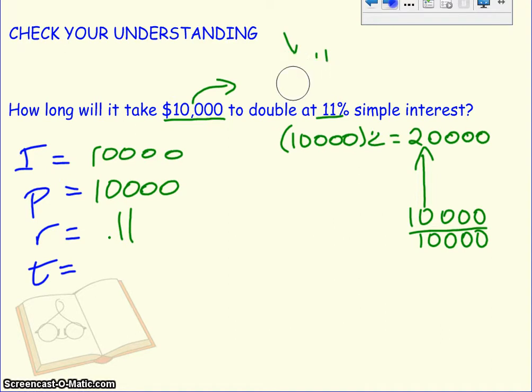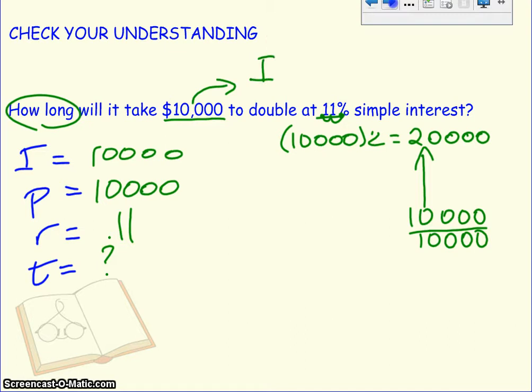But if you'll remember, converting a percent to a decimal, it's as simple as moving the decimal over 2 places from where it originally was. So because this interest rate is 10 or more percent, when I move it over, it's going to be 0.11. And again, the question, how long? So I know time is my question mark.